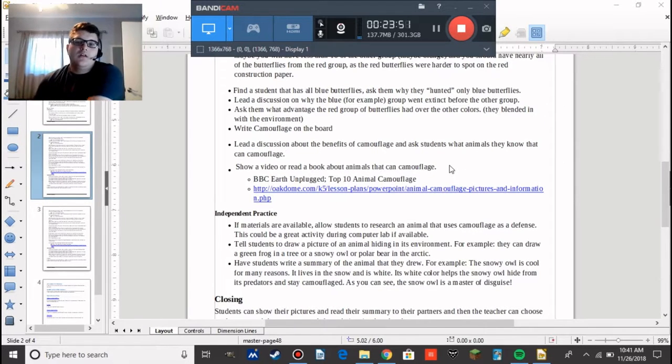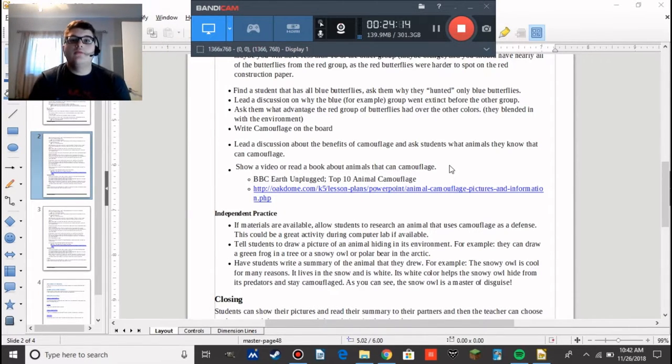Lead a discussion about the benefits of camouflage and ask students what animals they know that can camouflage. This is good. This really doesn't need much to change about it, to be honest, because this would allow students from other cultures to be able to go and talk about animals that they're used to.